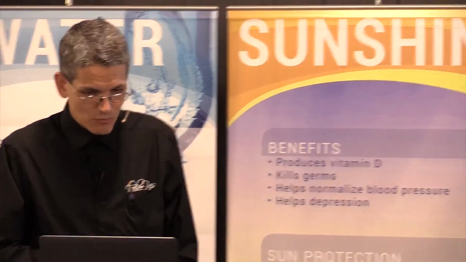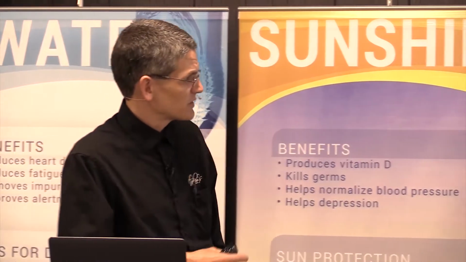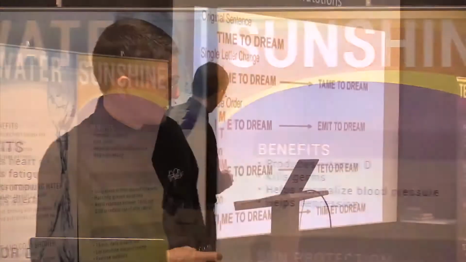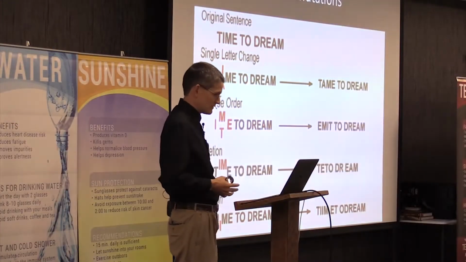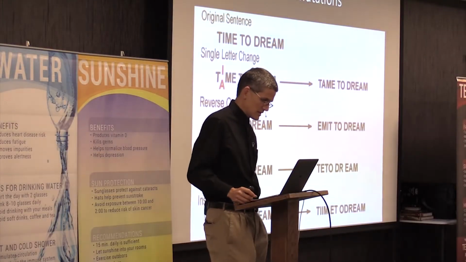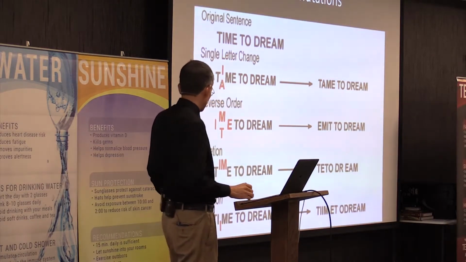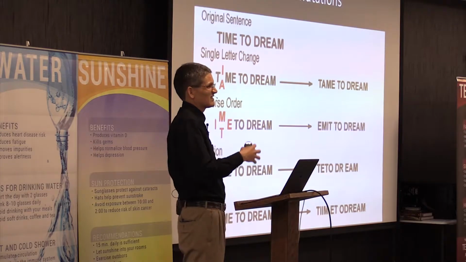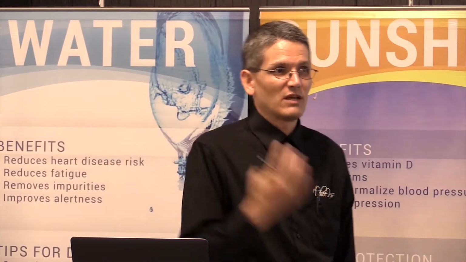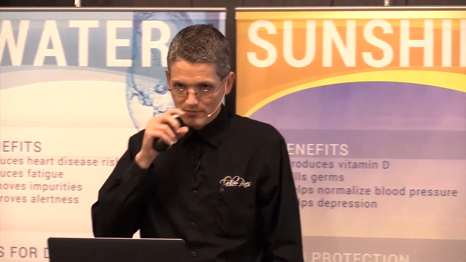You can delete some letters, delete the IM from "time," and now it's "tetodre-M." And you can insert extra letters in that DNA code, like an I, and now it doesn't necessarily make sense. You can mess up the DNA, mess up the sequence, and now it doesn't function the way that it's supposed to.